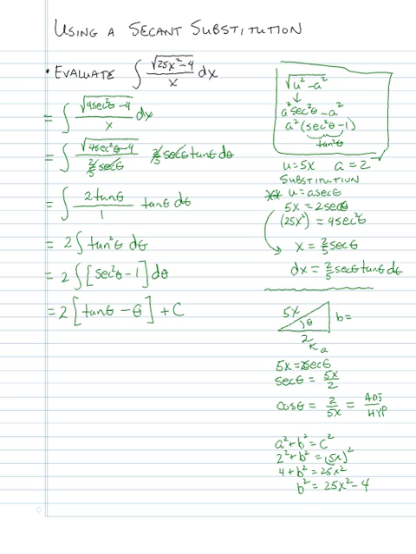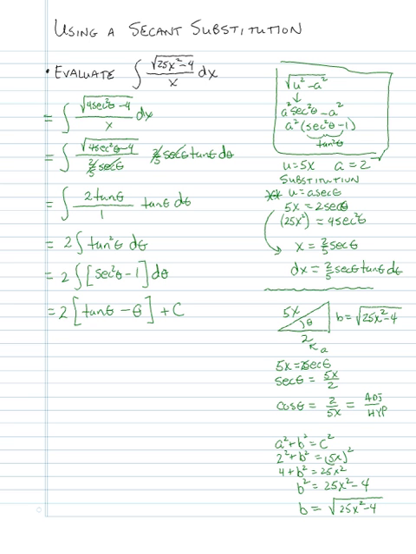But of course B is a side, so it's not going to have a negative value, so B is the square root of 25x squared minus 4. That's what I've been doing all along, I just haven't gone through the steps, so I thought maybe I ought to do that at least one time. So this opposite side is the square root of 25x squared minus 4.